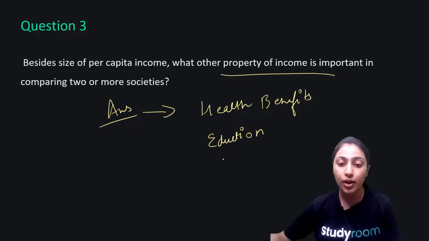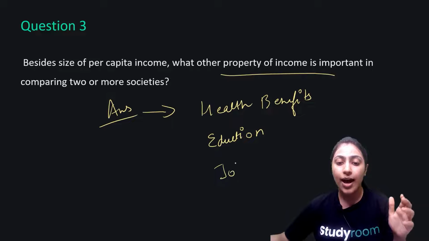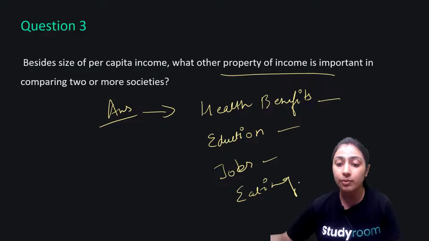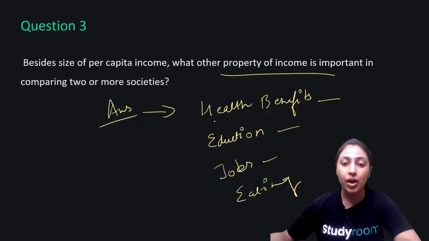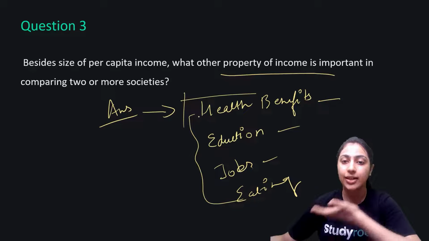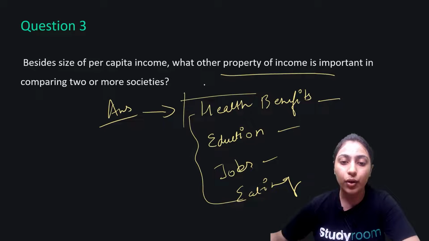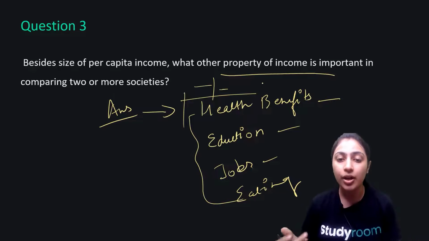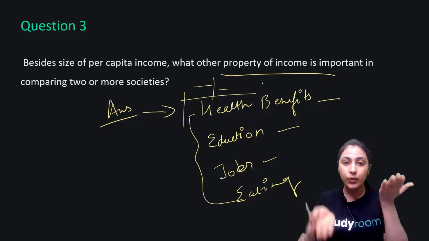Have graduates got jobs? Is everyone eating properly, with no one sleeping without food for a whole day? All of these aspects can also be considered to measure whether a particular country or state is developed or underdeveloped. These are the other properties one can consider when measuring societies.